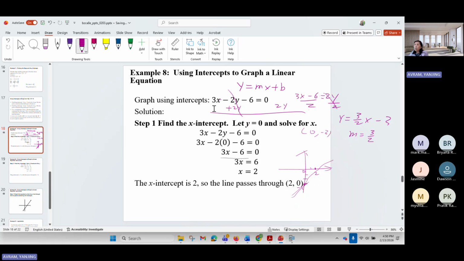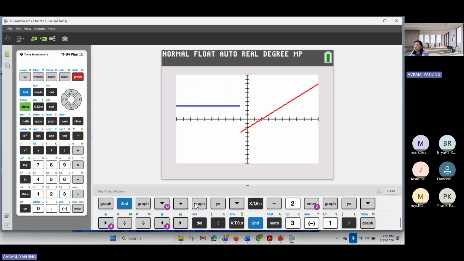So if I want to put this whole thing in a calculator, I will have to solve for y. Okay? So look at this one right here.